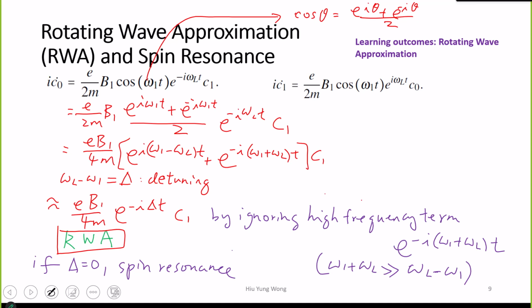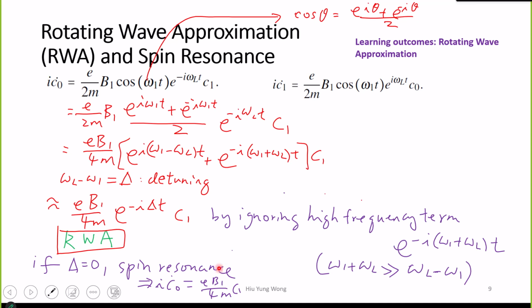Then you have i C0 dot equals EB1 over 4M times C1, because now e to the power i delta t is 1, since delta is 0. This is not delta plus t, this is delta times t. So this is 0, this is 1. So now I have EB1 divided by 4M times C1.